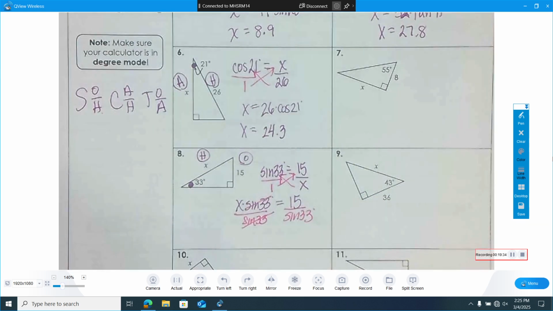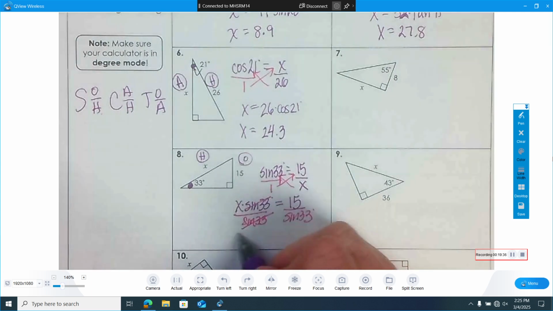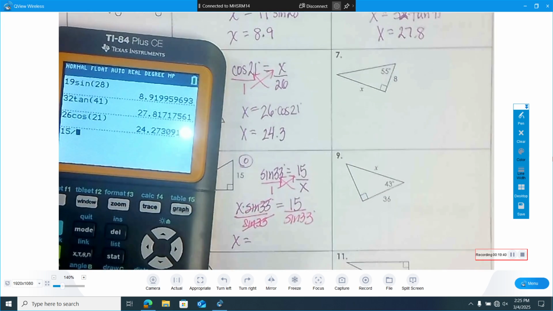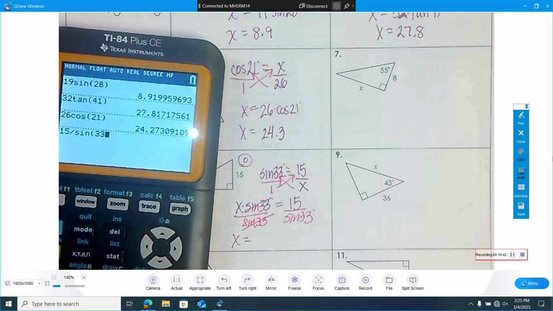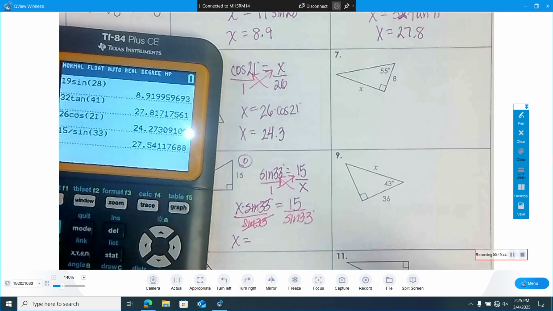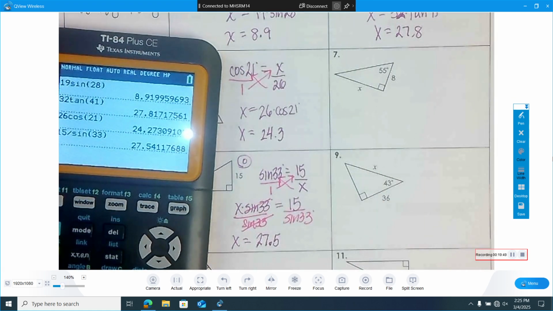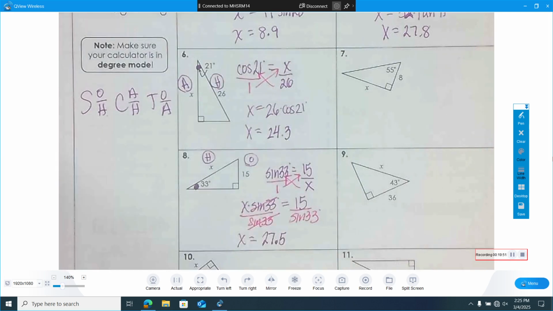Those cancel out, and x is all by itself. Now this is 15 divided by the sine of 33, and we get 27.5.